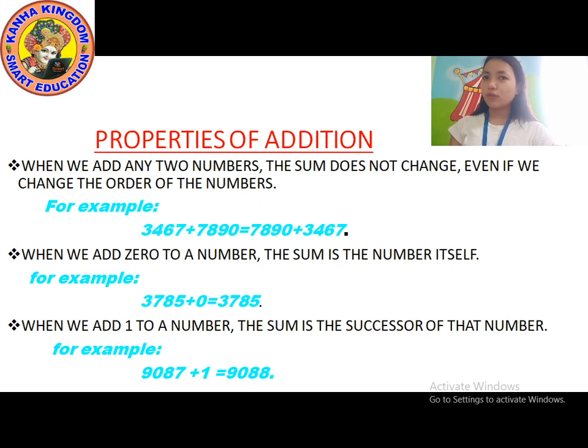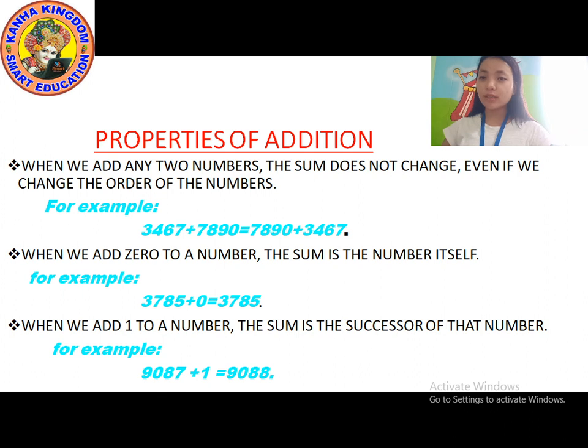Okay, the first property is this, and the second property is, when we add 0 to a number, the sum is the number itself. That means when we add 0 to a number, the sum, that means the total, is the number itself.